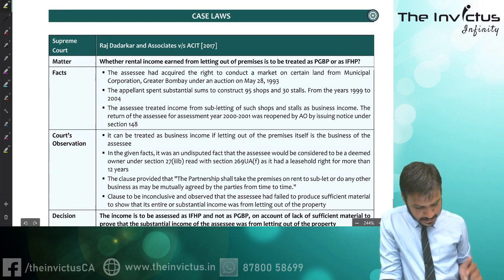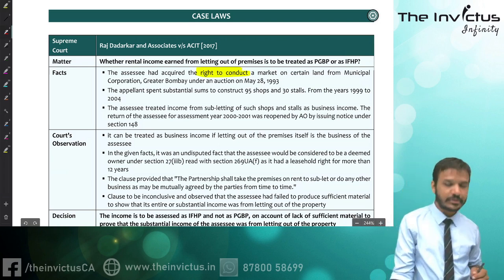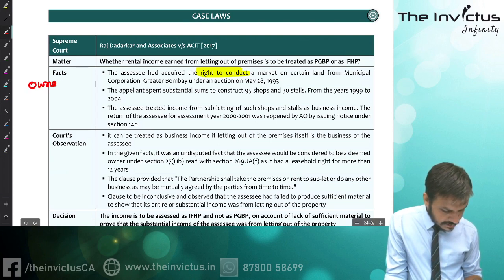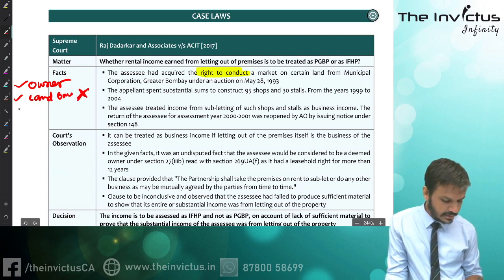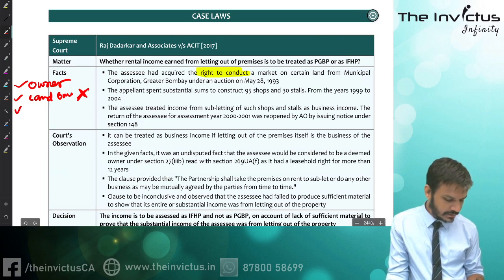Before discussing this case law, I just need to say that the first condition was that the assessee must be the owner. Land owner is not required. If he is the building owner, then it is fine, right?